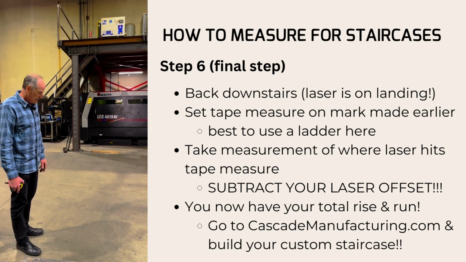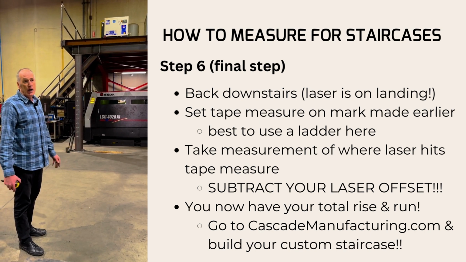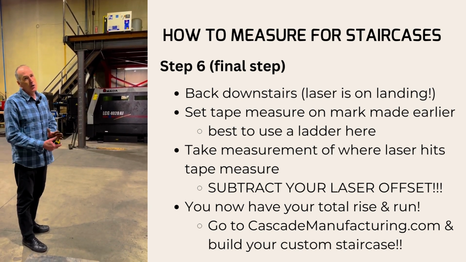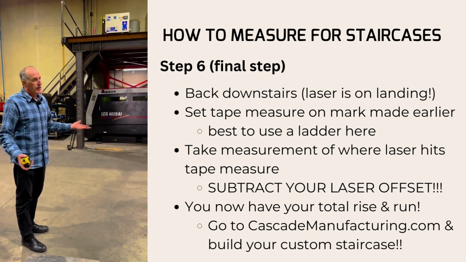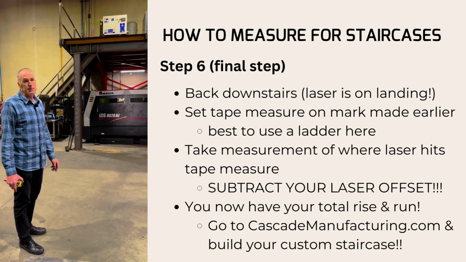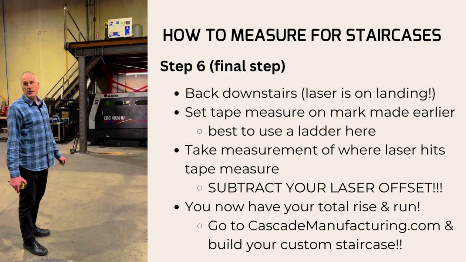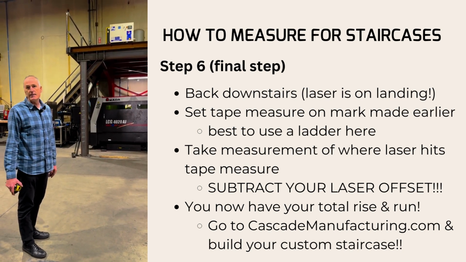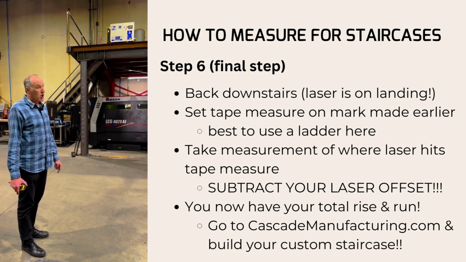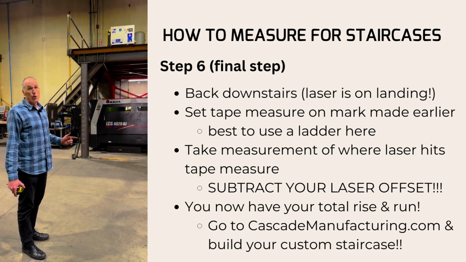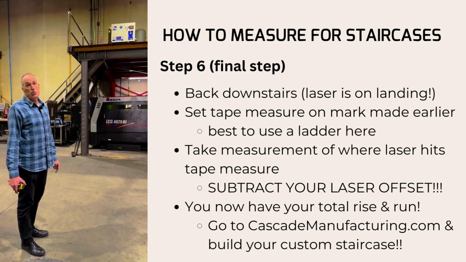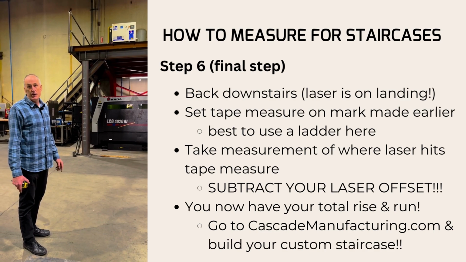So there you go. Whether you're installing a stair in a nice finished space in the back of a building or in an industrial space like this, it's basically the same process to determine your total run and total rise, which is what we're interested in to build a stair that's going to work for you.